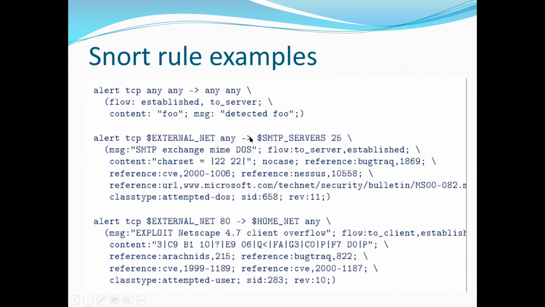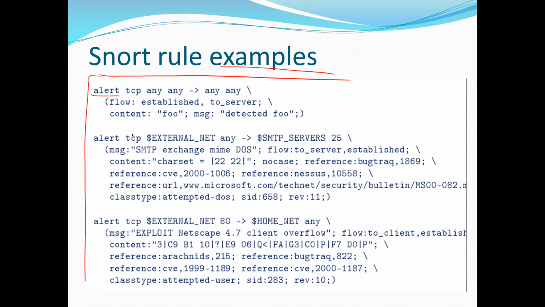So here, this is basically what you see in the file. Snort rules example: this is also what you will get as output. When Snort sees something, you will see something that says alert, and then it'll say message detected foo.